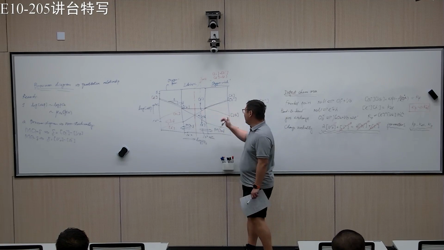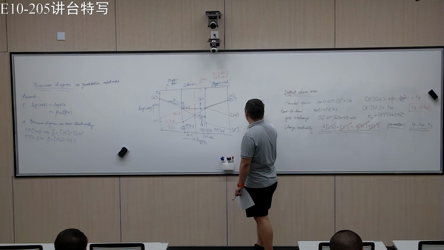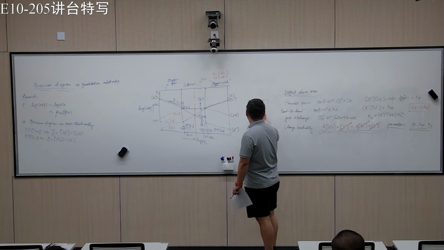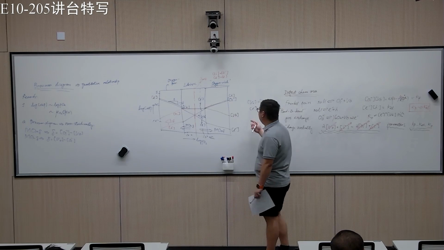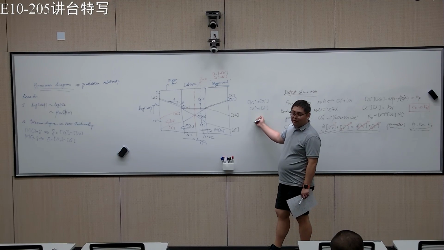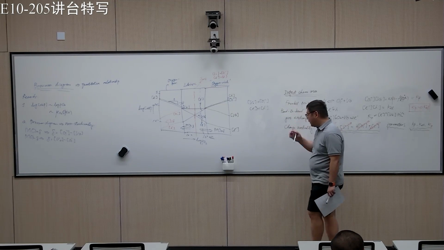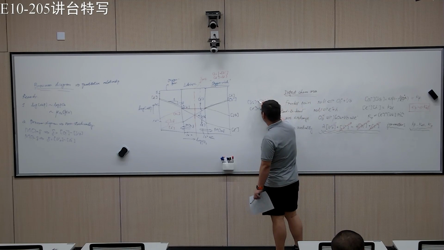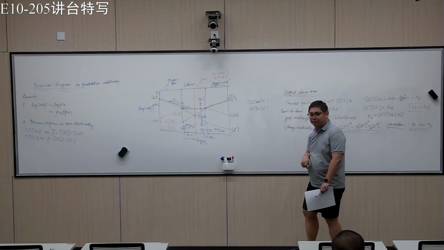However, you also see the number of electrons here and the number of holes here, and it doesn't really satisfy electron neutrality. So what's really happening is this is only roughly the same.